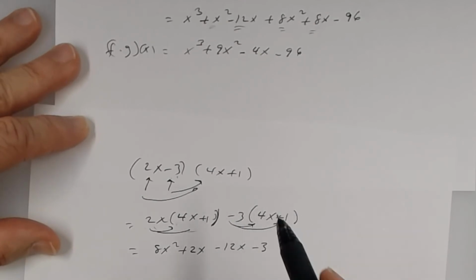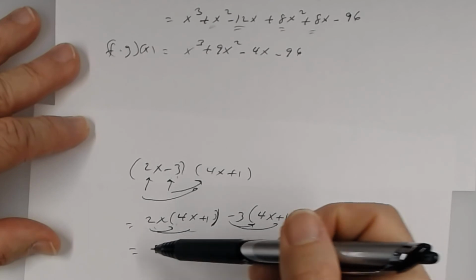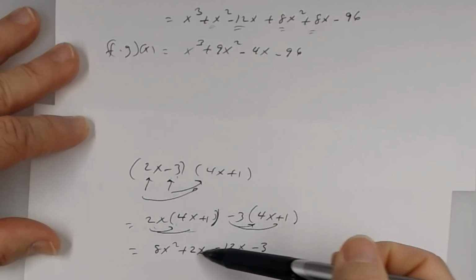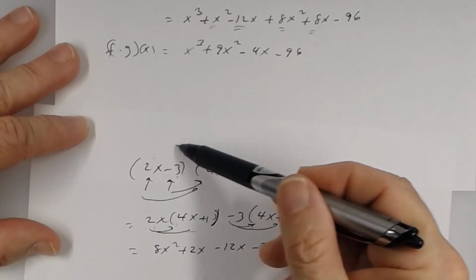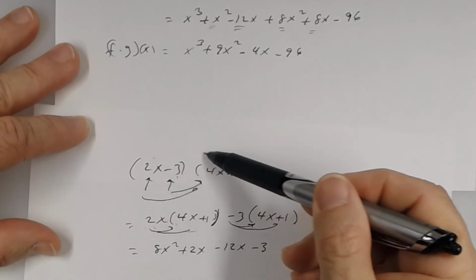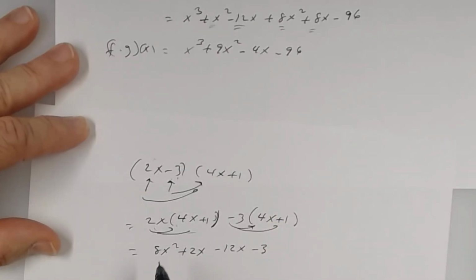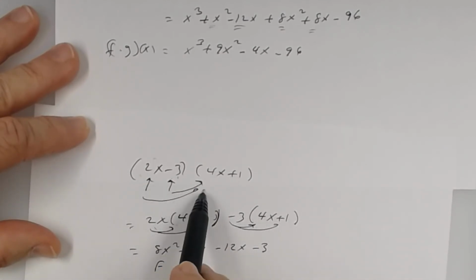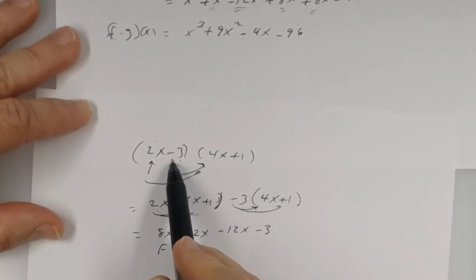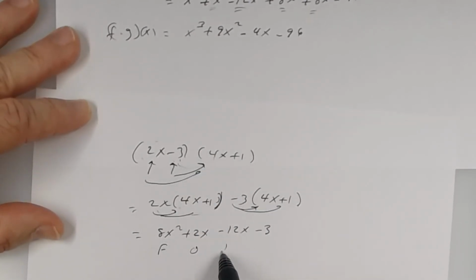And I wanted to show you something. Watch. How many terms do you see here? 4. Let's FOIL. What's the first? Isn't that what this is? So there's your first. What's the outer? 2x. Isn't that what that is? What's the inner? Isn't that what that is?